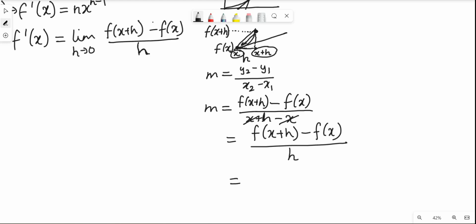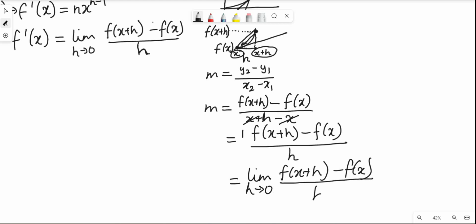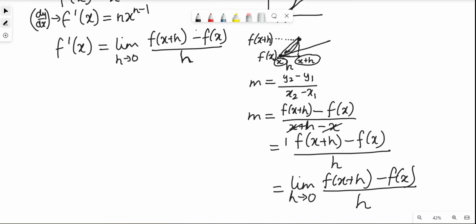And that is the limit as h goes to 0. So we say the distance between the points is basically 0 because we're taking the limit as the distance goes to 0, and we just have the same equation over here. And so that's how they derived the definition of the derivative.